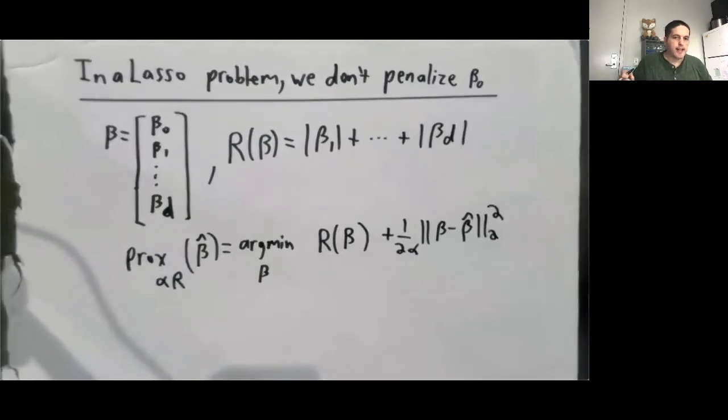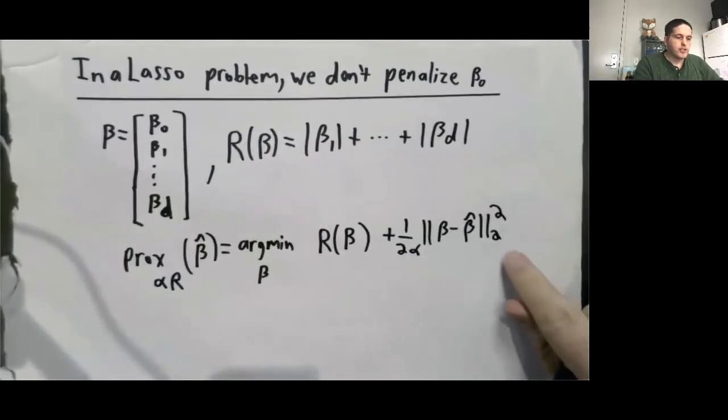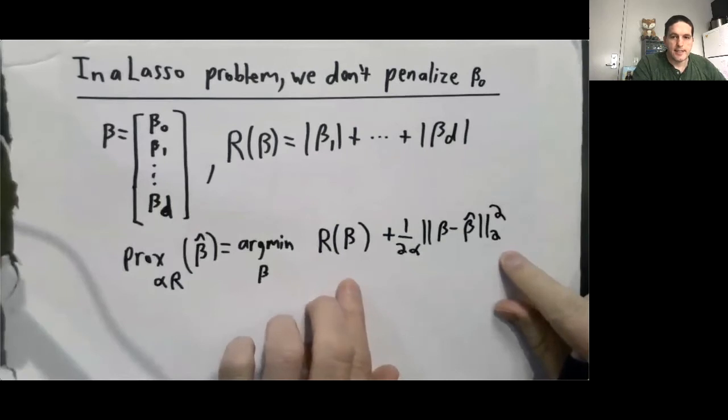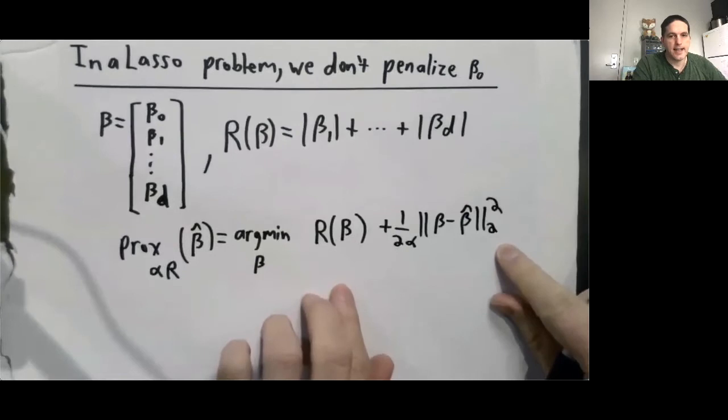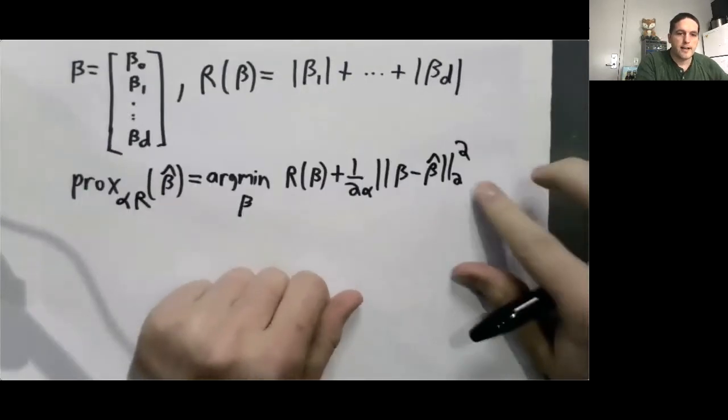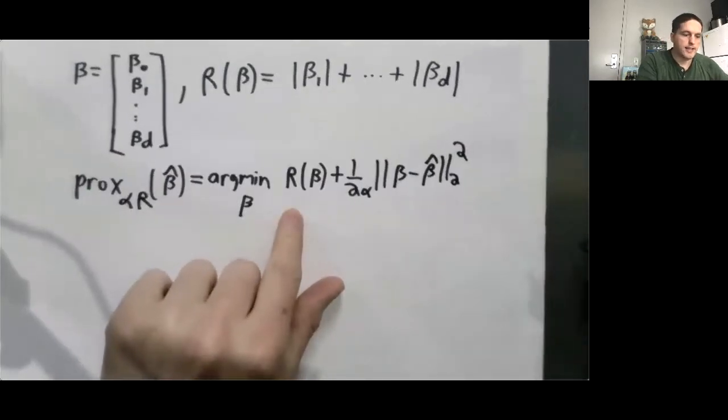And here again, this objective function that we're minimizing is a separable sum. So we can take a very similar approach. We can take the exact same approach. Let's write out this objective function in more detail.